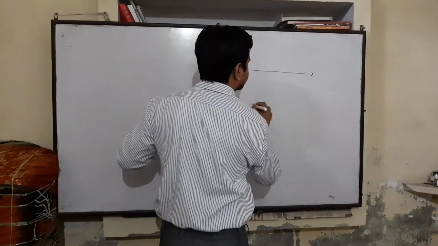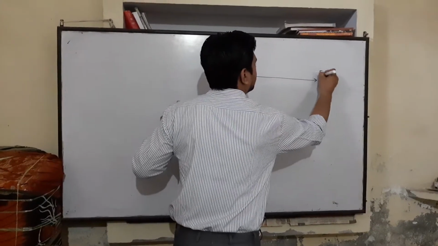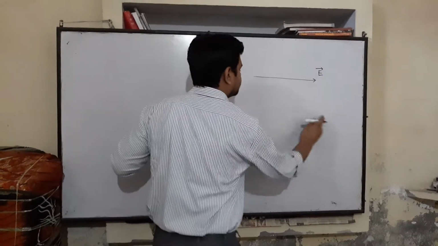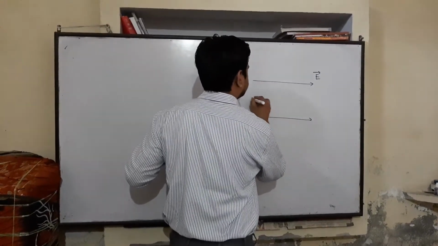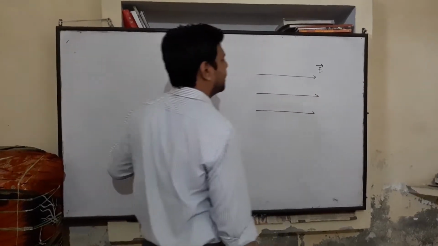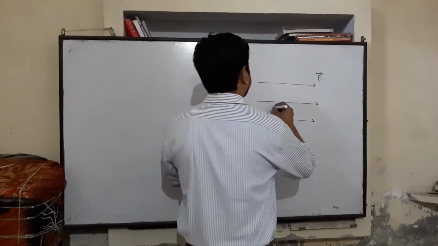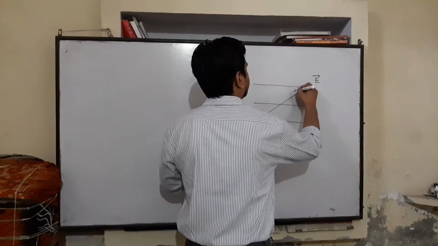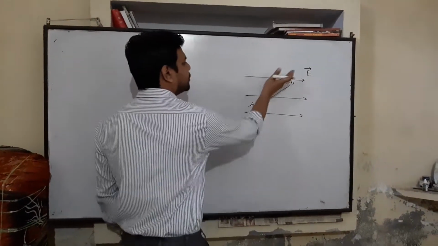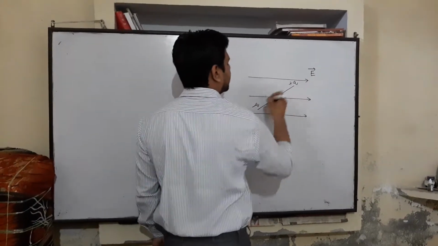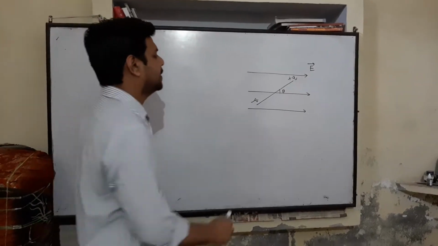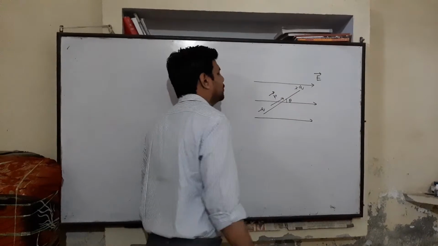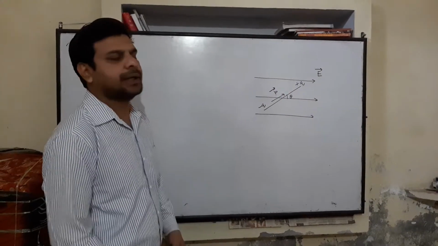Consider this is a uniform electric field E. We have placed a dipole, minus q, plus q, at this position, at angle theta. Dipole moment is directed from minus q to plus q. You can mention it.